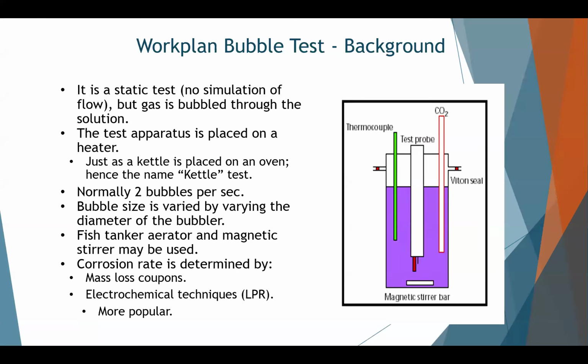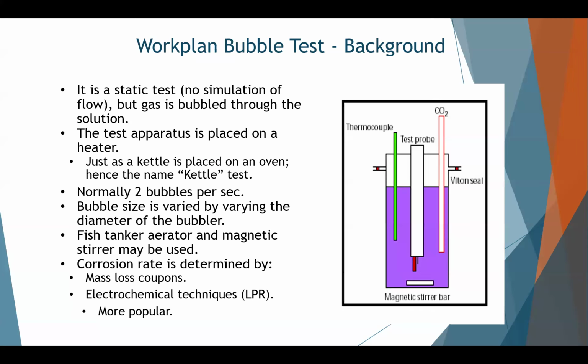Static, bubble, and kettle tests are one and the same. Different names, same test. In the static test, we don't simulate flow, but we bubble gas through the solution, normally carbon dioxide or hydrogen sulfide. We place the apparatus on a heater, a kettle, and hence it is also called the kettle test.